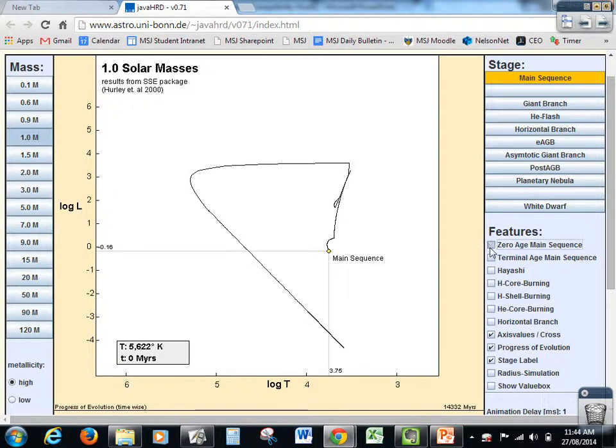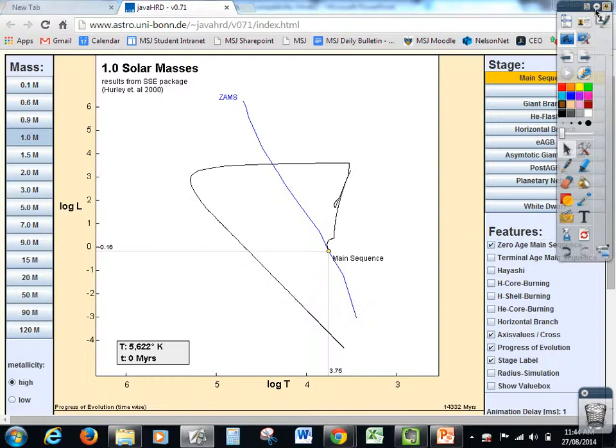I'm going to put on ZAMS. Now, we should have realised what ZAMS stands for. Zero age main sequence. So when a star is born, it's added to the main sequence. Now, we know the main sequence is a band of stars.